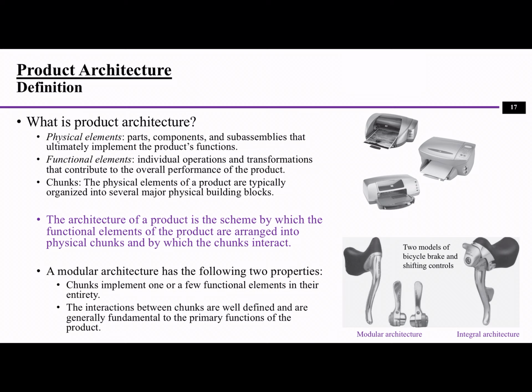For example, let's look at the picture at the bottom right corner. It presents two models of bicycle brake and shifting controls. You can see the left one is a modular architecture, meaning the two are separate, right? So the brake and the shifting control are separate.